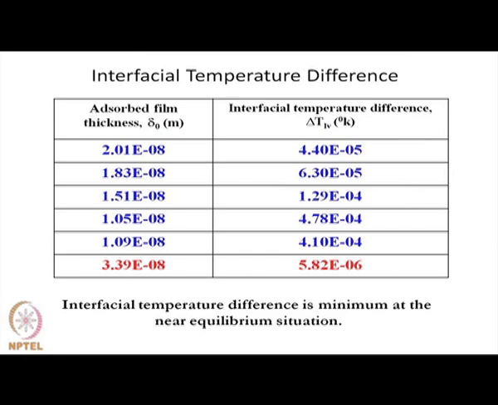So, interfacial temperature difference is minimum at the near equilibrium situation. It is not exactly at equilibrium, but it is a near equilibrium situation. And what we have seen is that this specific point gives us a value of Hamaker constant or dispersion constant, which is very close to the value predicted from the DLP theory.